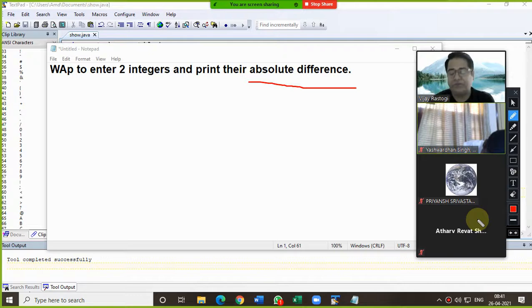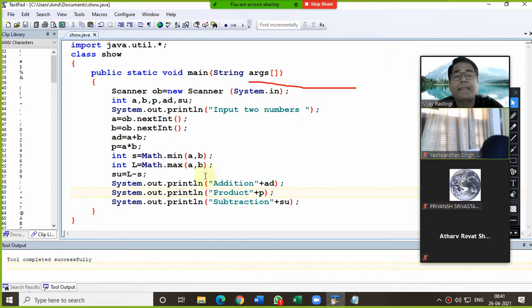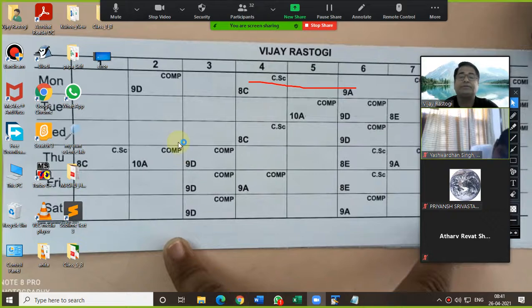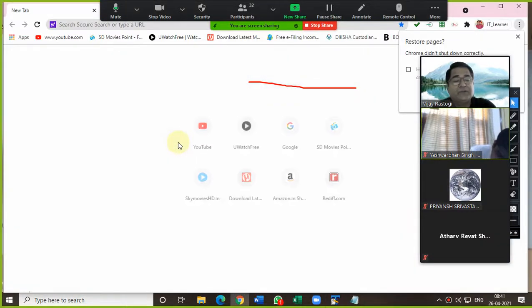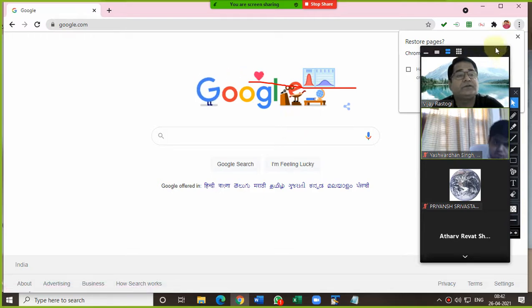Please do it fast, everybody. And again I am repeating, you need to send the solution in the GCR only. After posting the solution, please let me know.